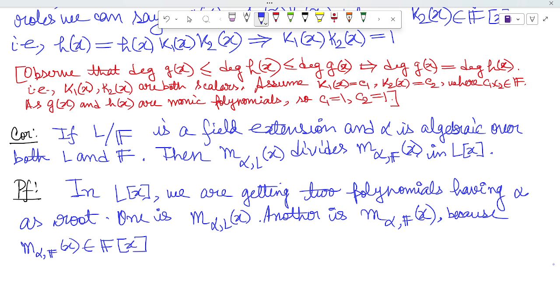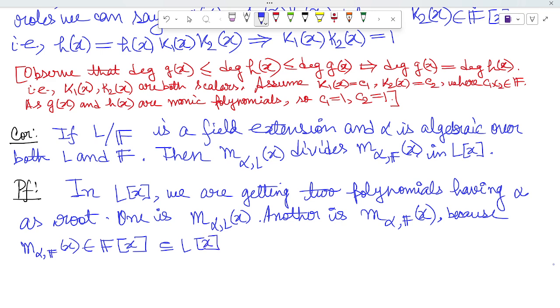The coefficients should come from F, but L is an extension of F, so extension means F is a subset of L, so that belongs to L x.